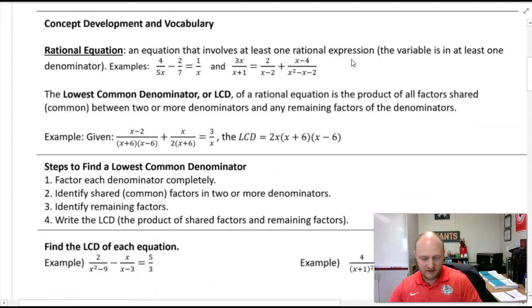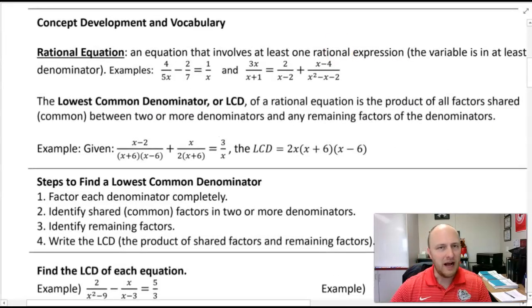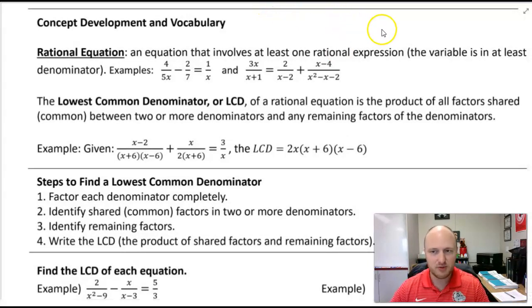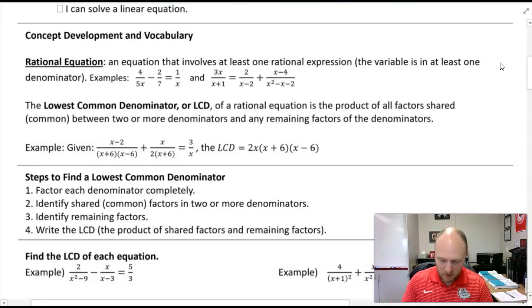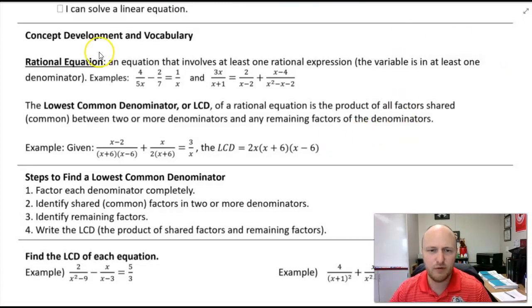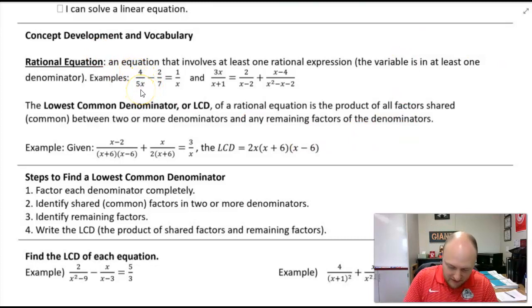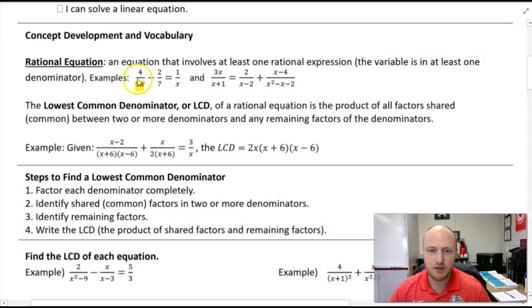Concept and development vocabulary. A rational equation is an equation that involves at least one rational expression. And remember, a rational expression is when we have a variable in at least one of the denominators. We can see a couple of examples here. We have 4 divided by (5x minus 2) over 7 equals 1 over x.